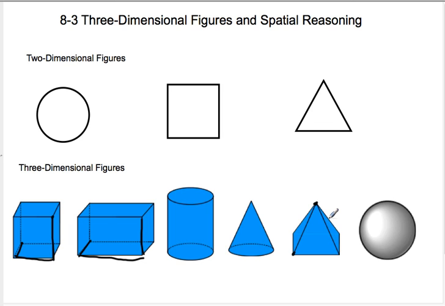Now a prism is a three-dimensional figure with 2 parallel and congruent faces that are polygons. So for instance, this cube here could also be called a square prism because it has a base, which could be the bottom. So this bottom square is congruent and parallel with this top square. So either of those could be bases. The side could also be considered a base because it is congruent and parallel to this side over here.